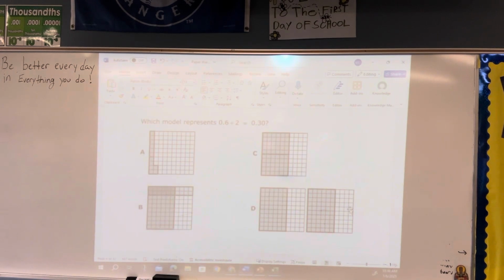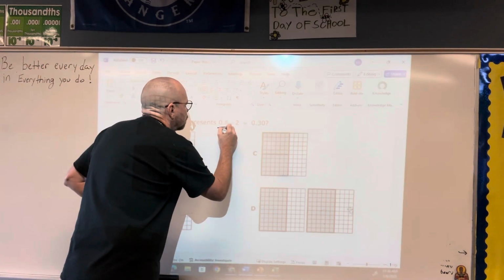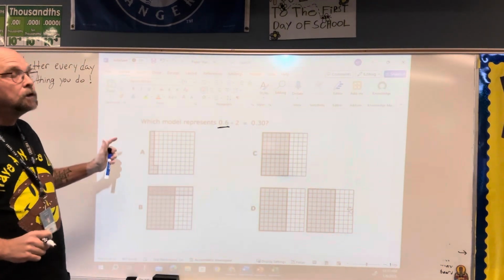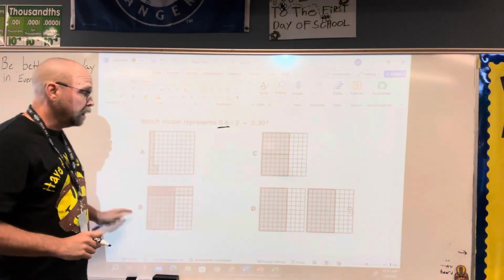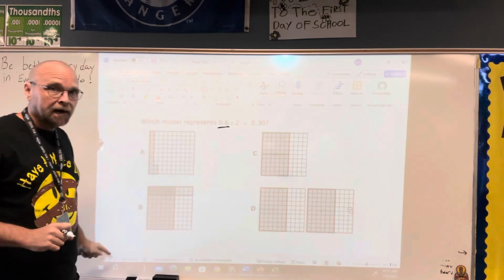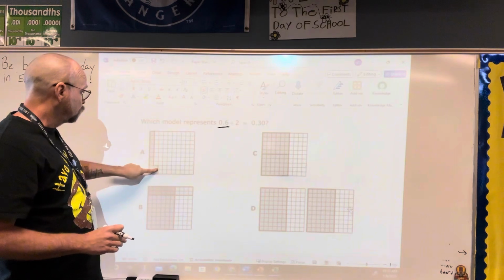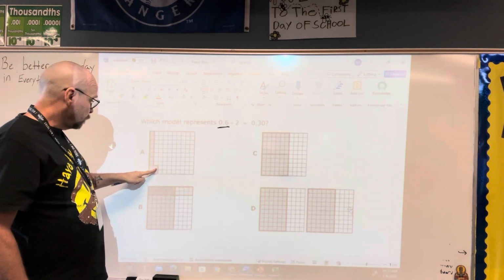So which model represents 6/10 divided by 2? We are starting with 6/10. So the model that we have needs to start with 6/10. This one starts with 12 hundredths.